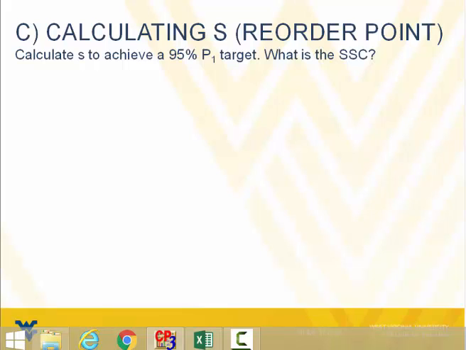How do we calculate the reorder point? Who wants to get us started? Anybody?